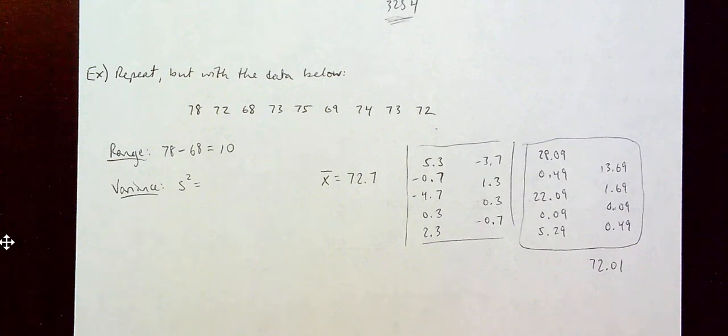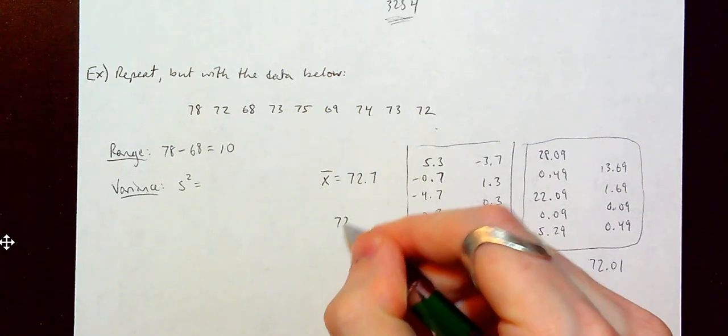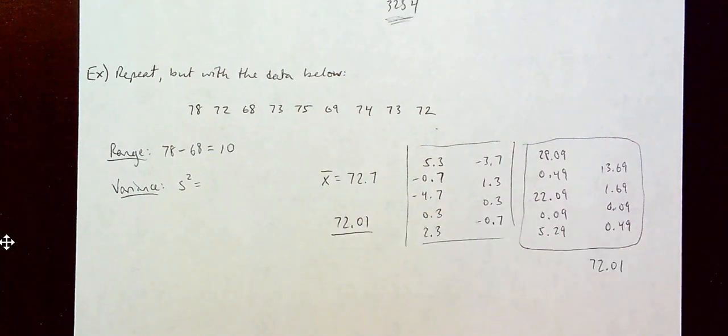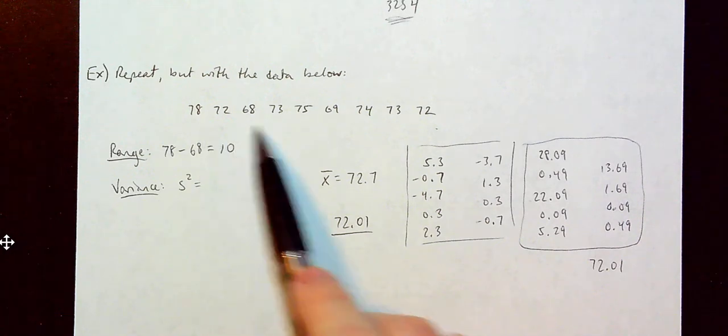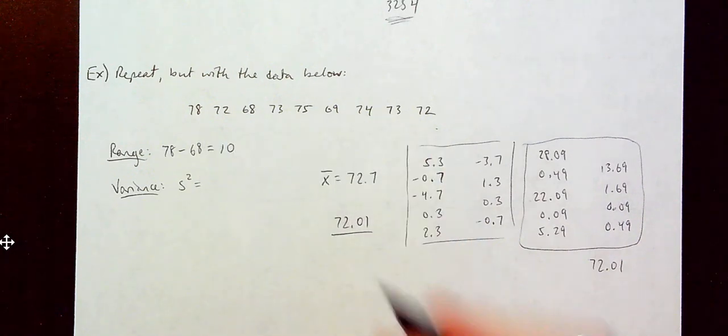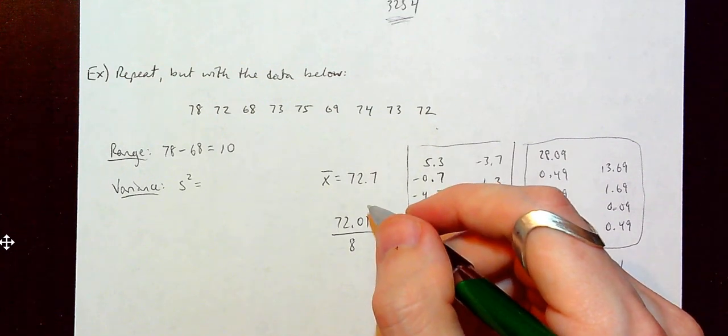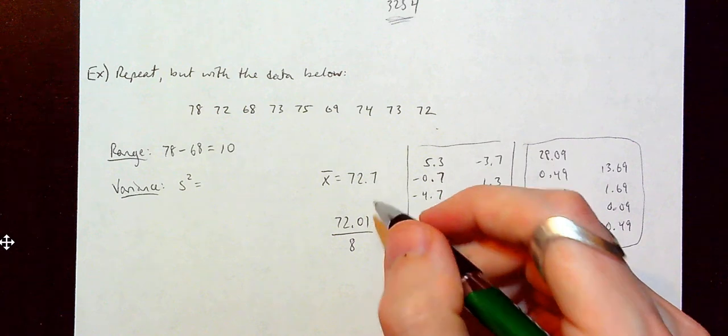So to find the variance, I take this sum, 72.01, and divide it by the number of data points that I had minus 1. So again, I had 9 pieces of data here, so I will take this number and divide it by 8.